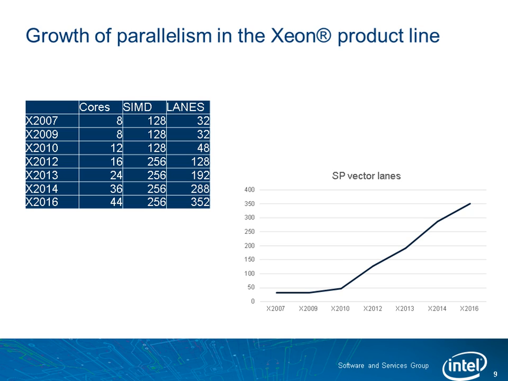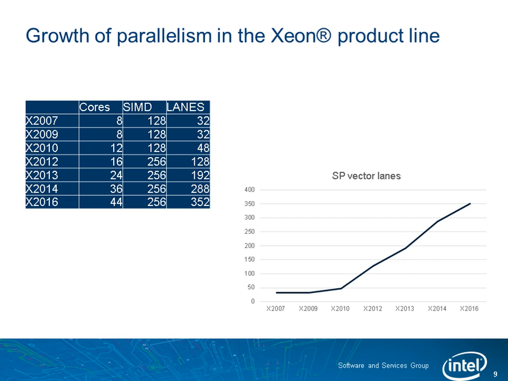To do the math of the growth of these vector lanes over the product generation, I have this very simple metric which simply counts the number of vector lanes in a server. The server of 2007 had 4 cores in a socket, so 8 cores in a dual socket server.